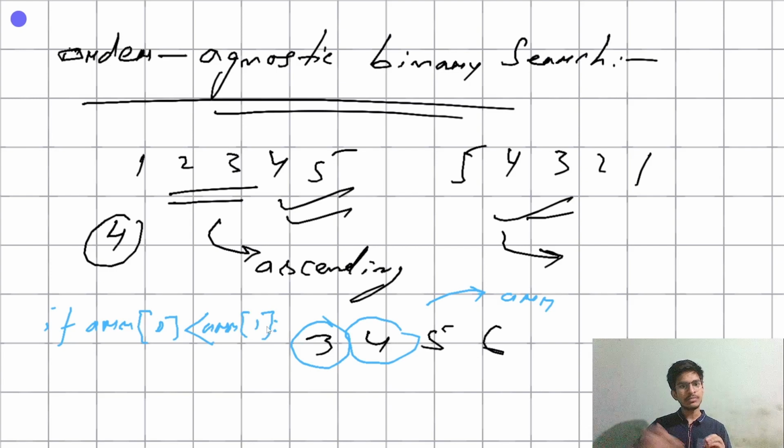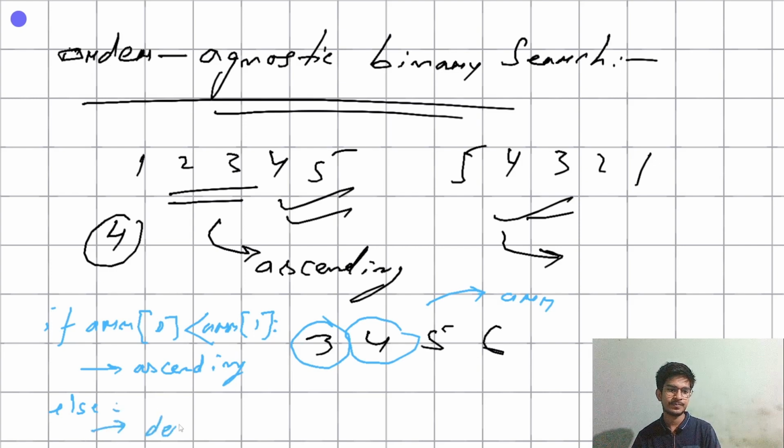What happens in ascending? The left hand side is smaller, the right hand side is greater. In that case, we can say it is ascending. And else, if the array is sorted and it's not ascending, then what will it be? It will be descending, right? So else, it will be descending.